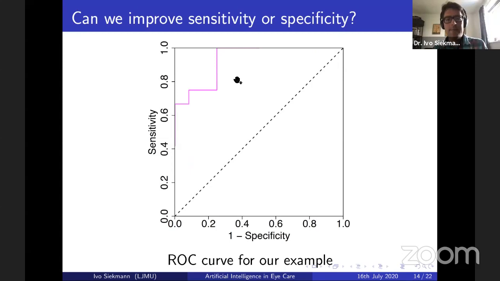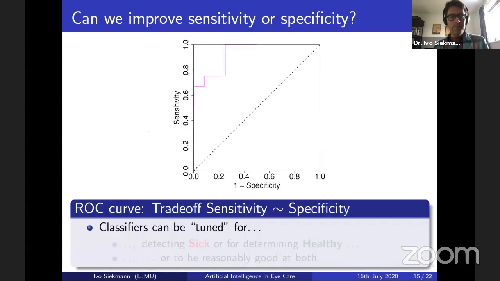So for our example, it looks a bit more ugly, not like a curve, but like a step function. But the principle is the same. So you can define the points that you are interested in, and you can tune the method by saying, okay, I want a high specificity or high sensitivity, or the best of both.